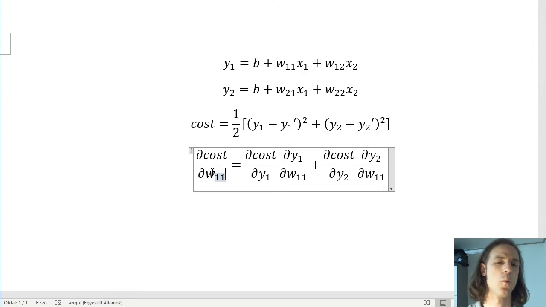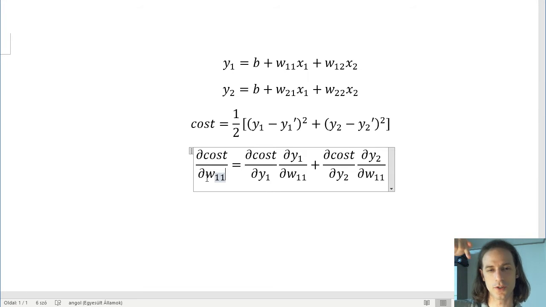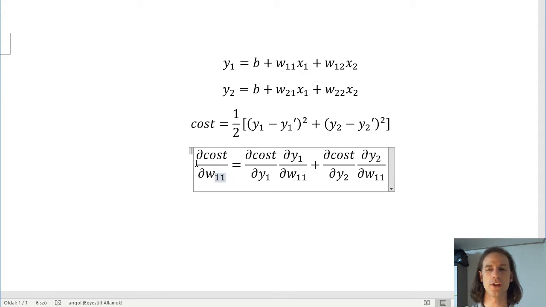This is not what we like, so of course we will consider that. If this is a negative number, then it means that if we increase the w, the cost function will go down. If it's 0, then it means that we are in a place where movement in neither direction should change the cost function.